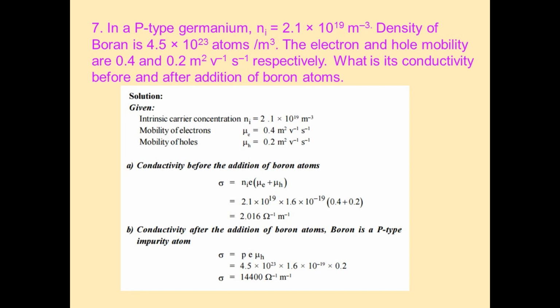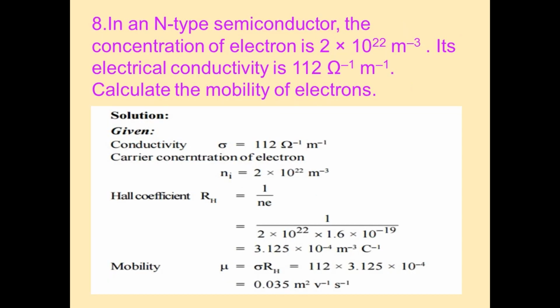Charge of electron or proton 1.6 into 10 power minus 19, and we get 14,400 ohm inverse meter inverse. So before adding impurity, sigma is 2.016. After addition of impurity, we get 14,400. Conductivity increases.